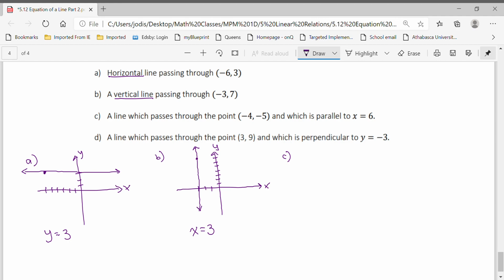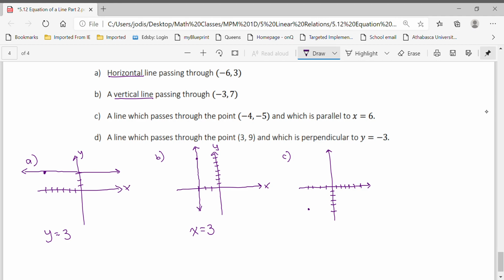Okay, so part C, we want a line that passes through this point. The point is negative 4, negative 5. So 1, 2, 3, 4, and 1, 2, 3, 4, 5. So there's my point. And it's going to be parallel to x equals 6. So x equals 6, 1, 2, 3, 4, 5, 6.